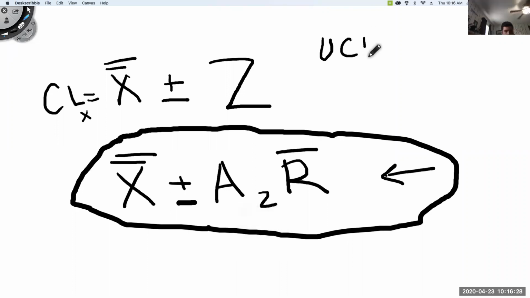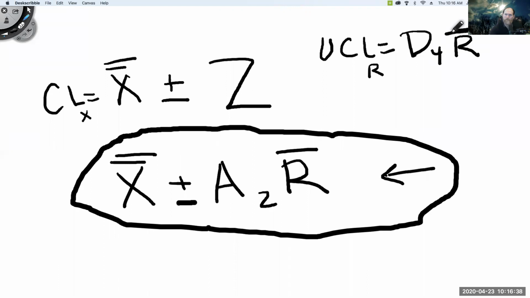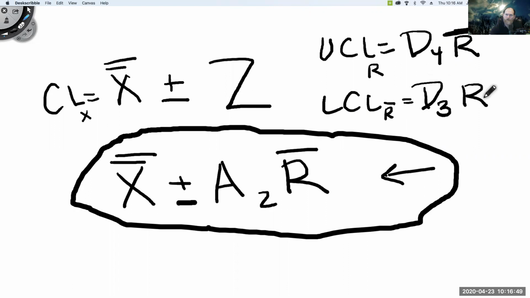So the upper control limit for R is going to be D4 times R bar. And my lower control limit for R is going to be D3 times R bar.